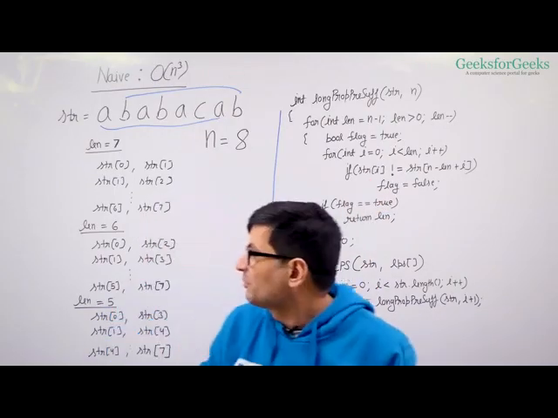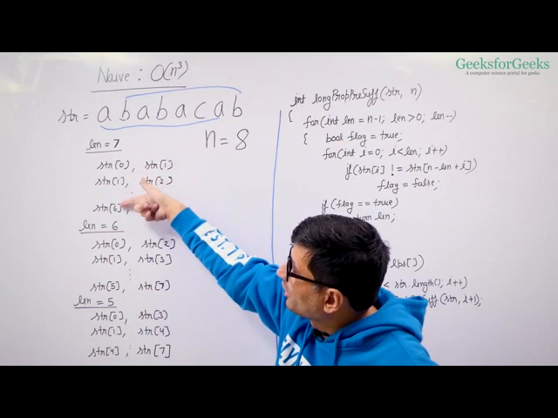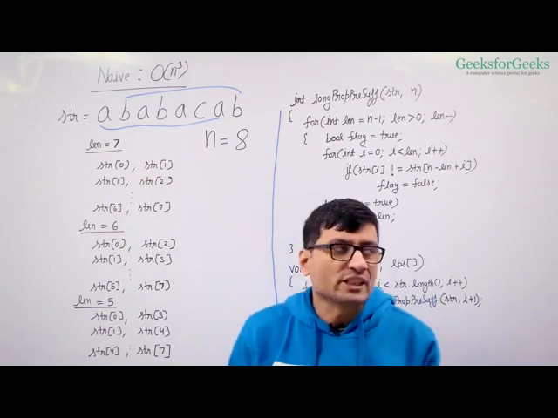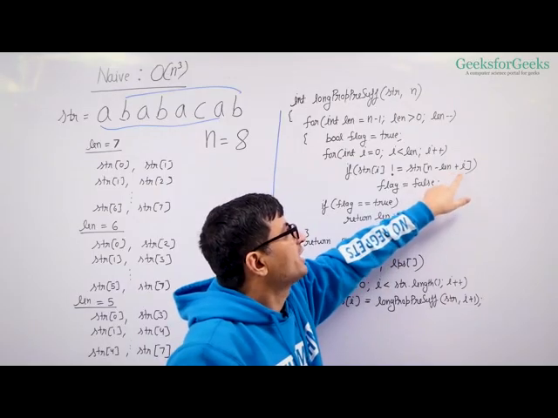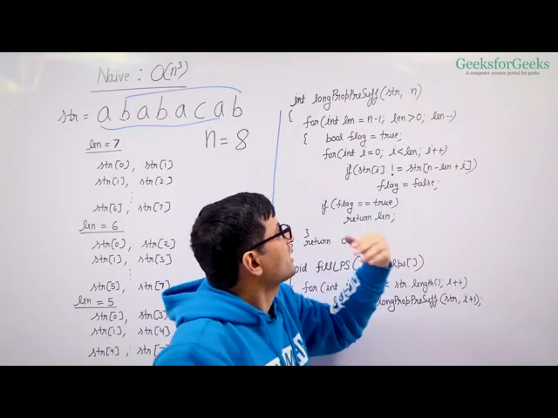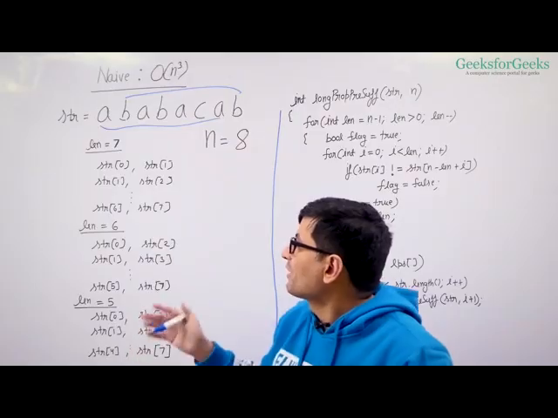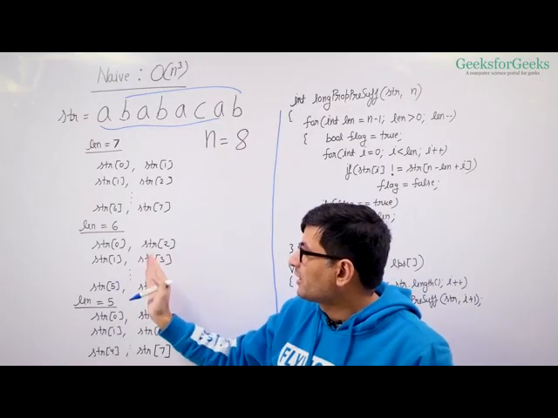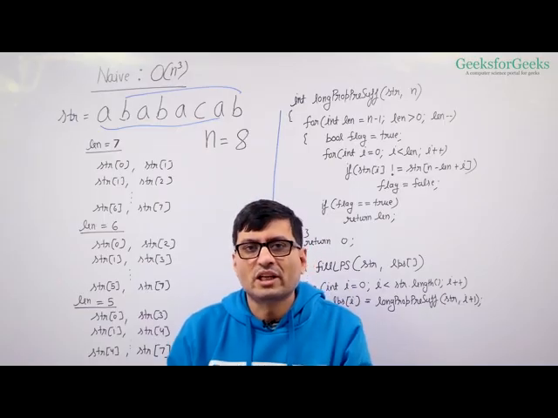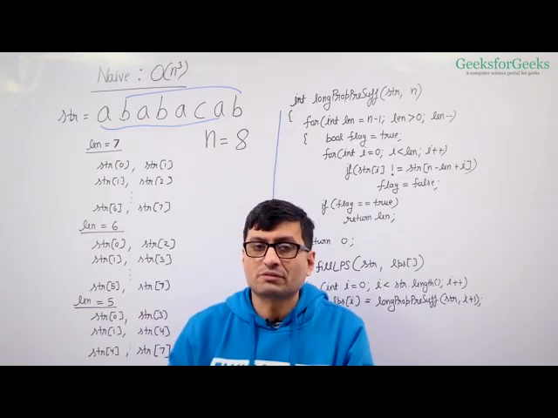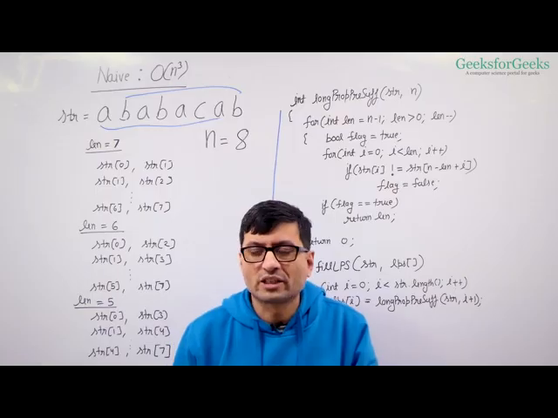These indexes simply keep increasing from 0 to n-1, but these indexes grow from n-len. They begin with n-len, then we keep adding i, where i starts from 0, right? Now we compare these two characters, and if we match all the characters, we say that we found this length as the longest proper prefix which is also a suffix, and we return that length.